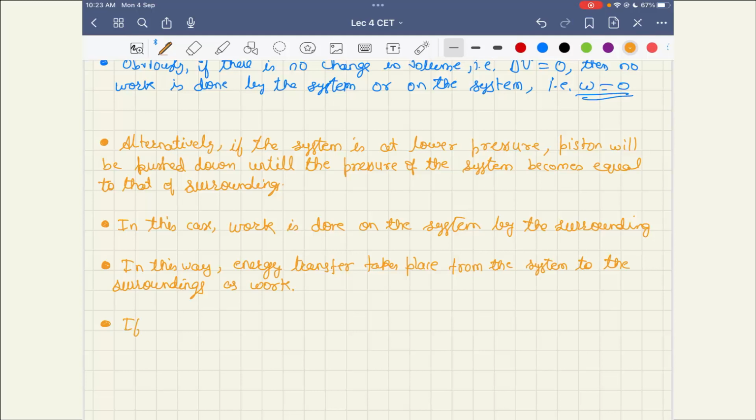Now if the system loses energy, we say that work is done by the system.